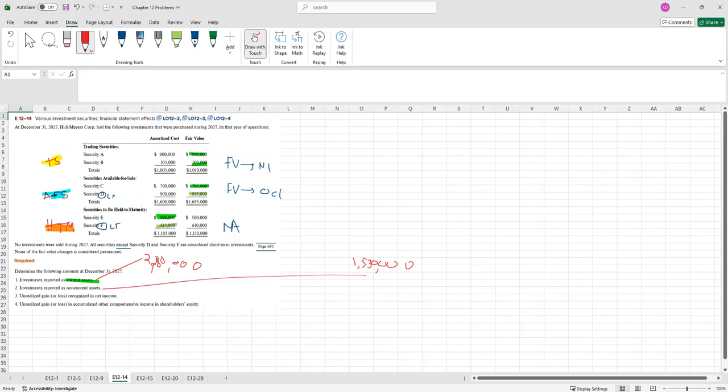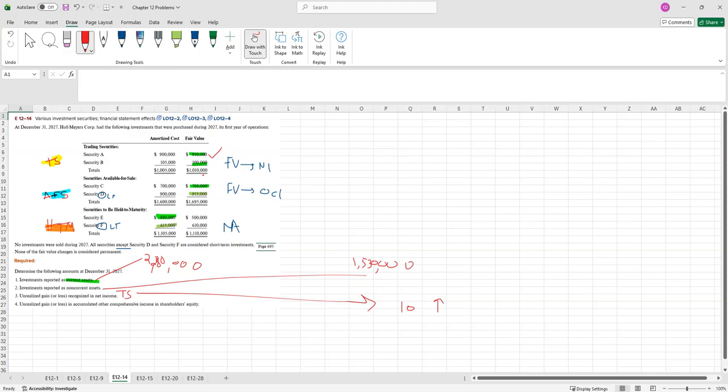They then want to know for 3, any unrealized gains or losses in net income, right? So they're basically looking at the trading securities here. We went from 90 to 910, so that is essentially a 10 increase.